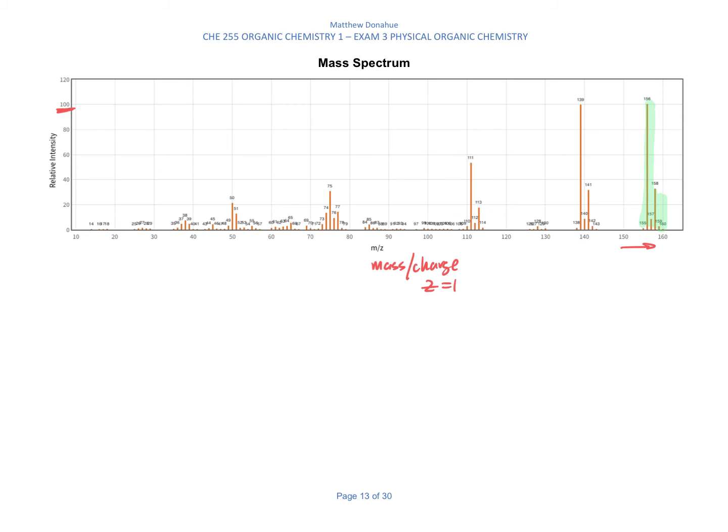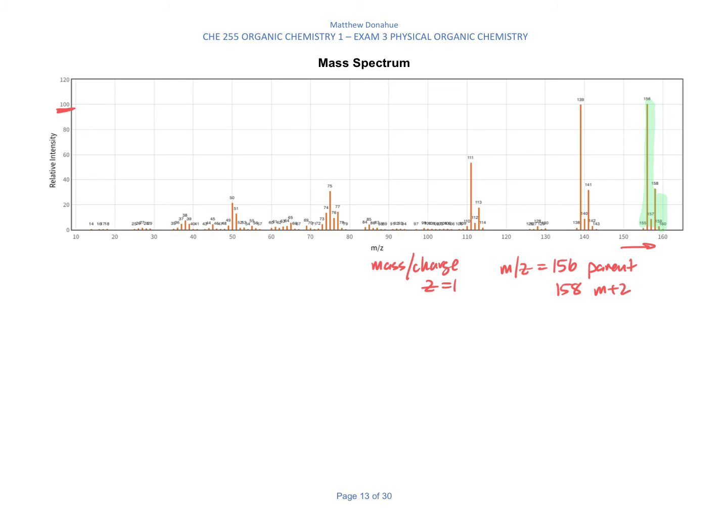This cluster has a mass of 156, so that's going to be the parent. And then you have this other mass at 158. So that is M plus 2.